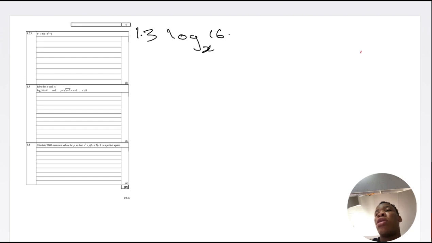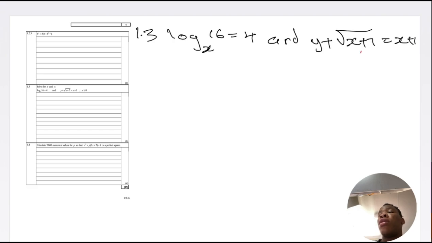base x of 16 equals 4, and y plus the square root of x plus 7 equals x plus 1. So this one will be our equation 1 and this one will be our equation 2.